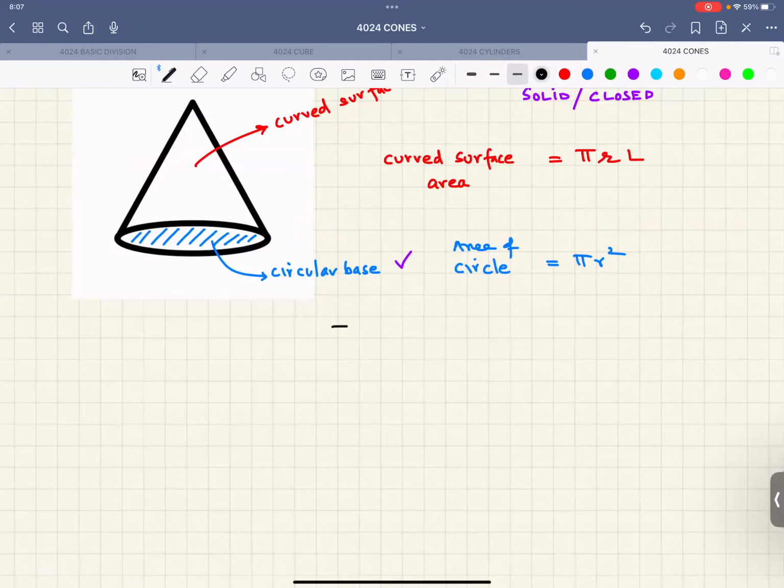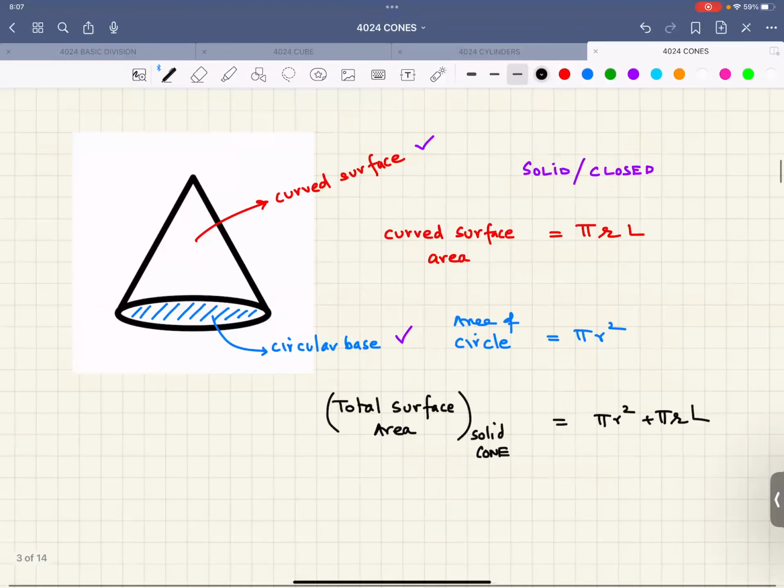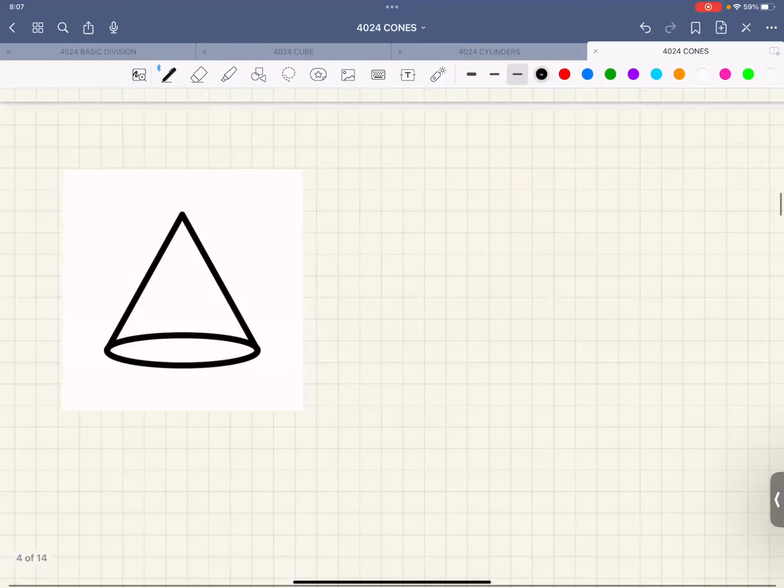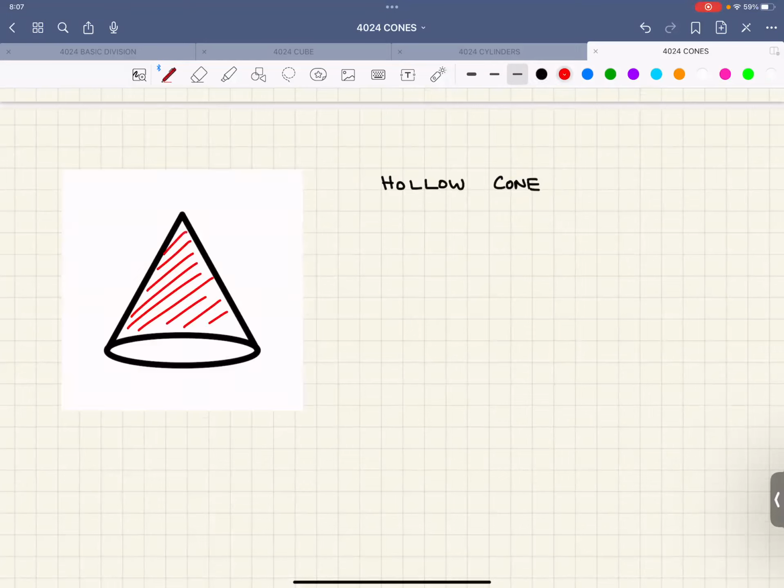Therefore, the total surface area for a solid cone is the addition of these two, that is pi R square plus pi R L. But when we talk about a hollow cone, we only have the curved surface area.